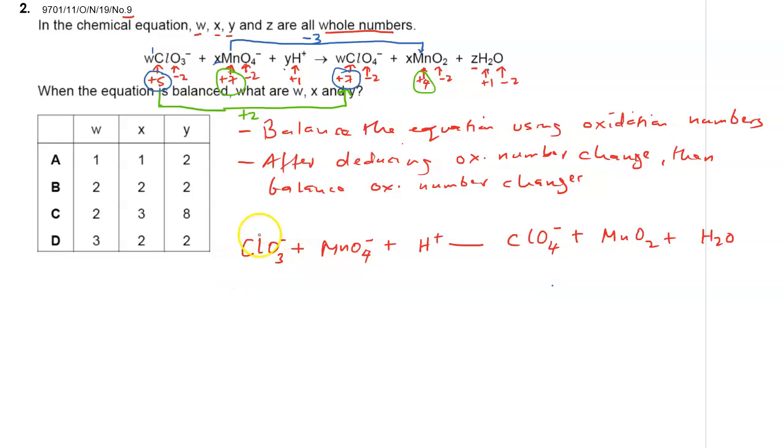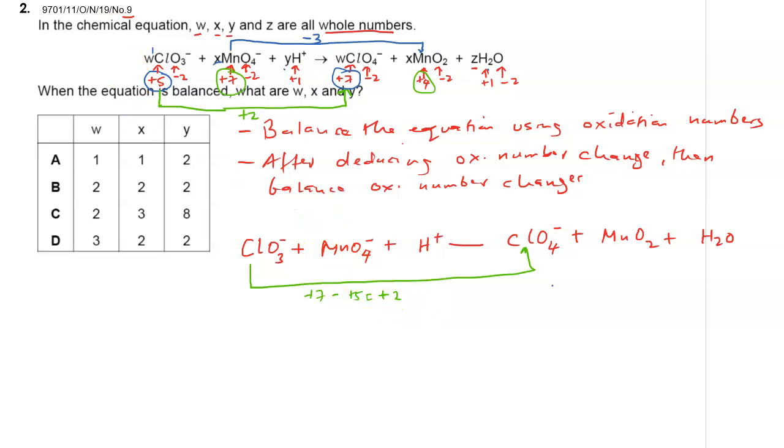We have already seen that the oxidation state of chlorine has increased from +5 to +7, so +7 minus +5 gives us +2.